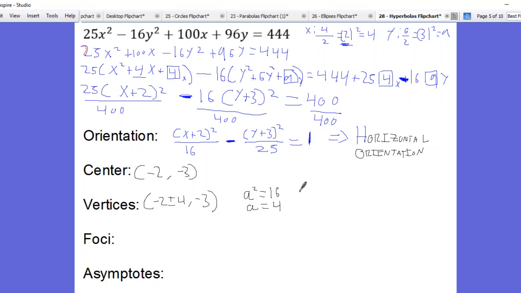To do some more calculations, if A squared is equal to 16, A is equal to 4. B squared is equal to 25, and B is equal to 5. C is equal to the square root of A squared plus B squared. So that means C is equal to the square root of 25 plus 16.